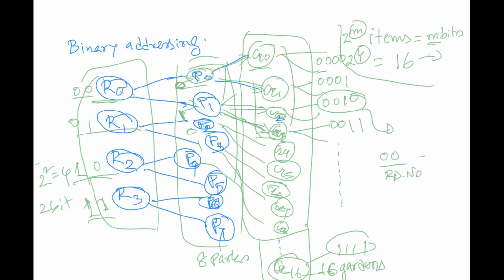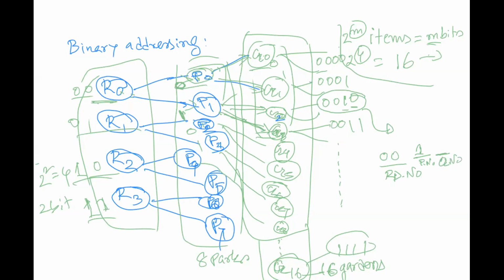The 3rd bit is for the park number, and then how many bits are left? The last 1 bit represents the garden number, because in a particular park there are 2 gardens, so it can represent 0 and 1. Park number is the 3rd bit, and the last bit is for the garden number.